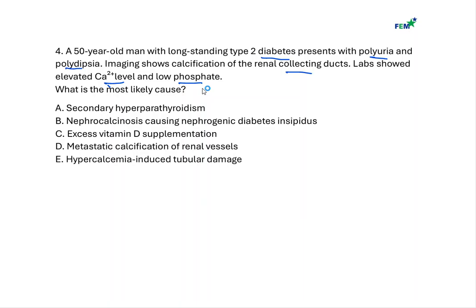And what are the causes of primary hyperparathyroidism? Very good. It could be adenoma, particularly if just one gland is involved. It could be hyperplasia if all four glands are involved. Or it could be carcinoma. Very good. What is the most likely cause of this? So this patient, because of the hypercalcemia, likely has nephrocalcinosis, thereby leading to nephrogenic diabetes insipidus.